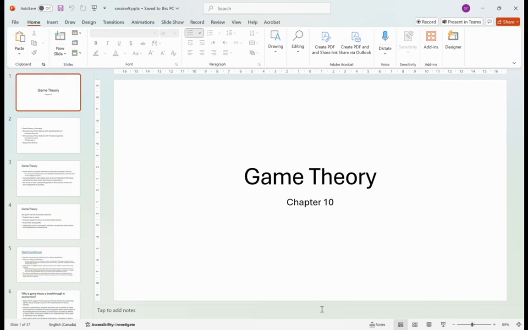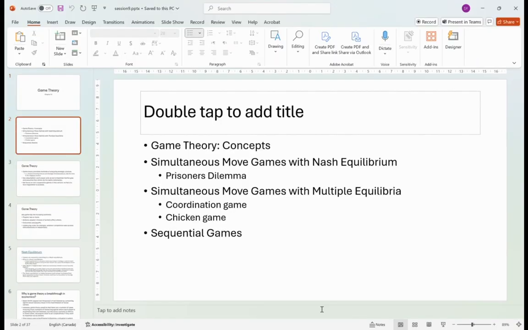That's why game theory is very important in economics, because your decision depends, sometimes greatly, on the other's decision, right? So that's why we need to review game theory in this course.